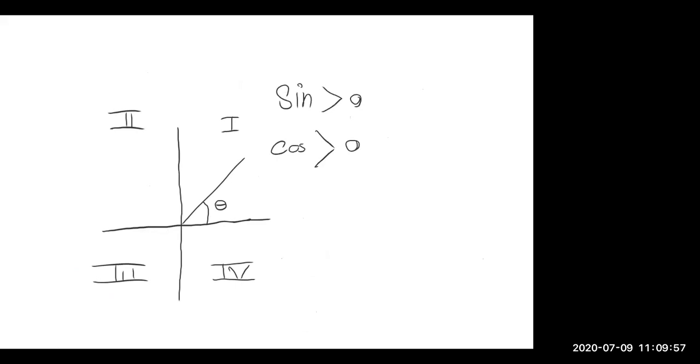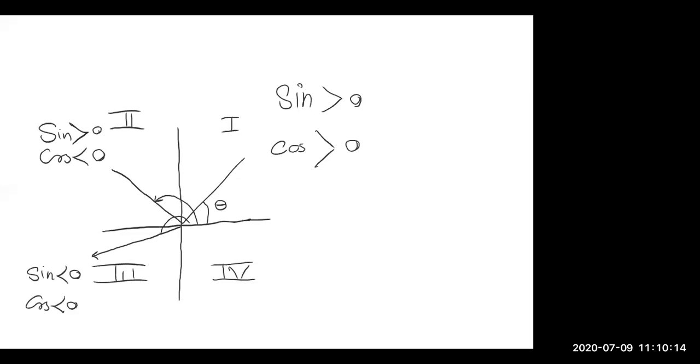If you have an angle in the second quarter, sine still is positive, cosine is negative. If you have an angle in the third quarter, sine would be negative, cosine would also be negative. If you have an angle in the fourth quarter, sine would be negative, cosine would be positive.